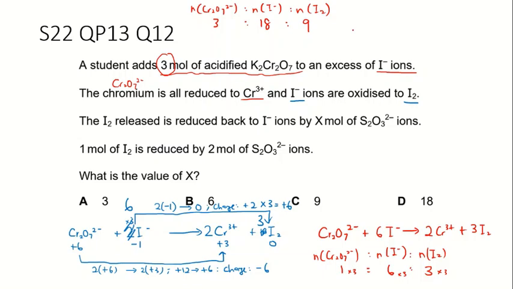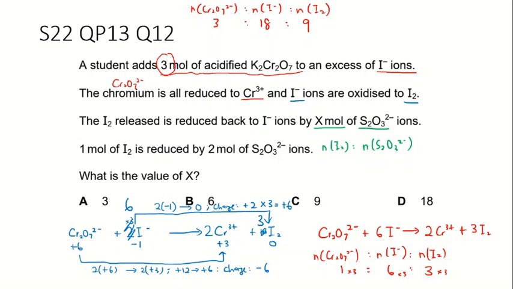Now, we are not done with the question because here we have a further part. It says that now iodine is reduced back to iodide by X moles of thiosulfate ions. And they give us, if we have 1 mole of iodine, we will need 2 moles of thiosulfate ions to reduce it back to iodide.